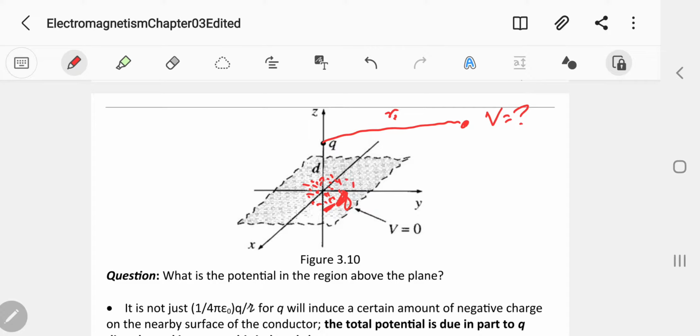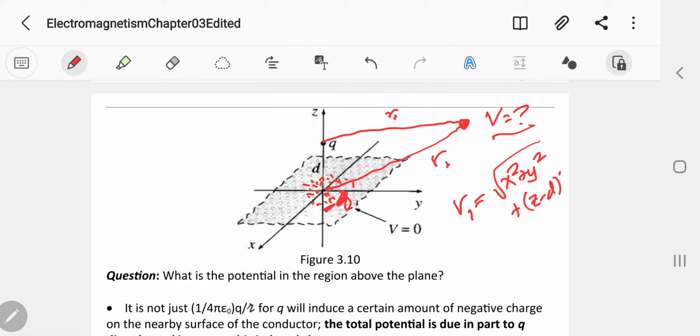It's negative of Q times a factor, or negative Q prime, say for example. So this V here will be caused by Q, and of course caused by the induced charge. Here you have R1, the distance between Q and the point, which is the square root of x squared plus y squared plus z minus d squared, and R2 would be equal to the square root of x squared plus y squared plus z plus d squared.